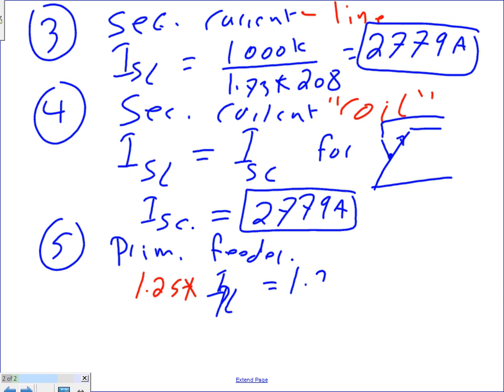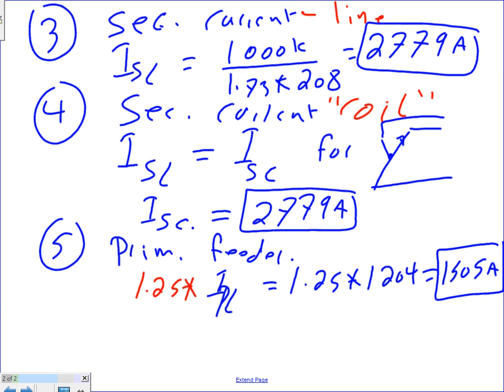So 1.25 multiplied by 1204, if I did my math right, you end up with 1505 amps.